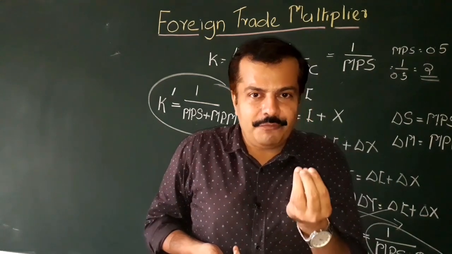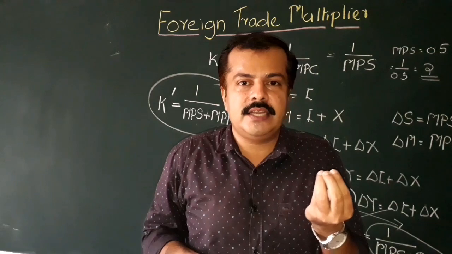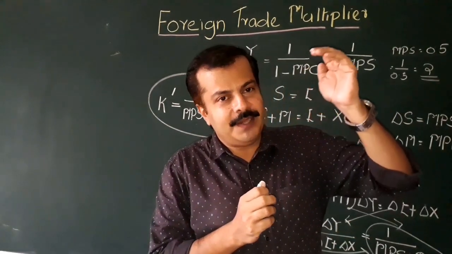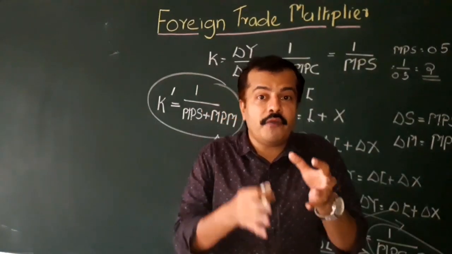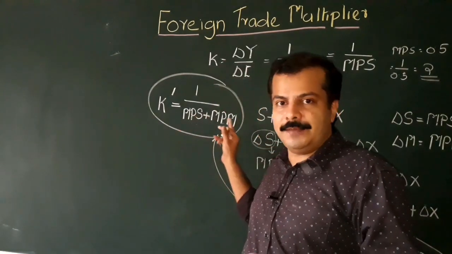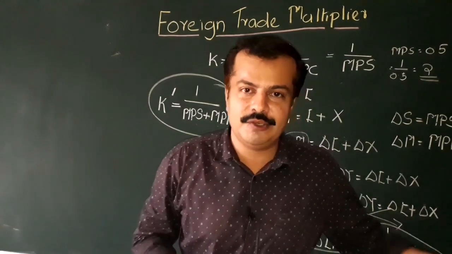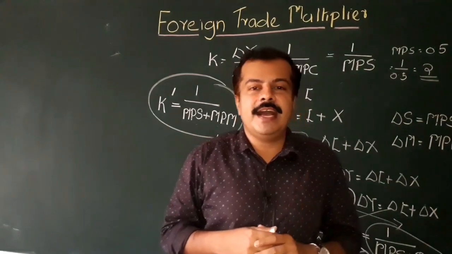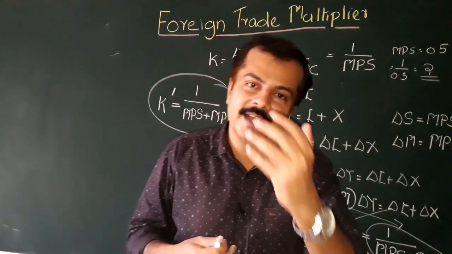If the values of marginal propensity to save and marginal propensity to import are smaller, then the value of the multiplier will be higher. In other words, if the intensity of leakages are smaller, leakages are savings and import, intensity means marginal propensity to save and marginal propensity to import, then the value of the foreign trade multiplier will be higher as well.